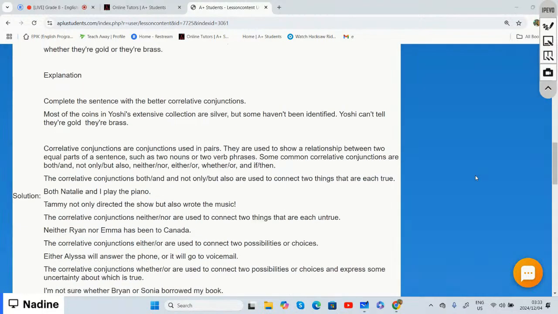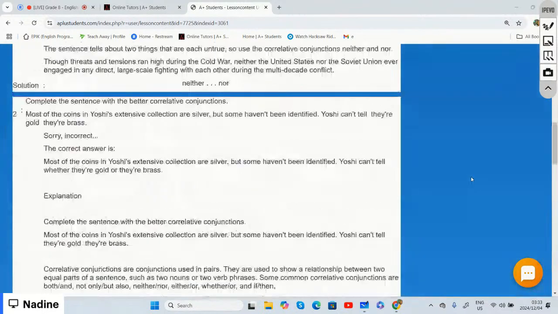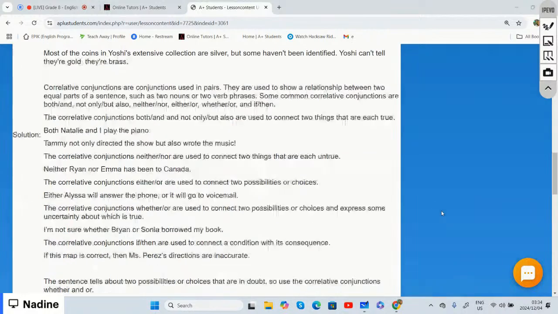We said that we need to add whether or. So we can say Yoshi can tell whether they are gold or brass.